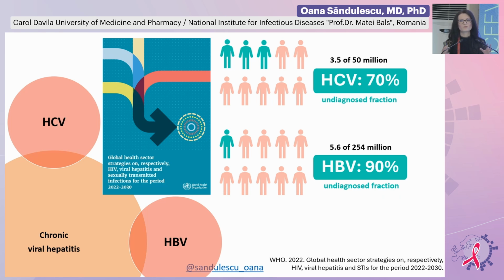Of course there's room for more proactive measures to diagnose these patients, because there are estimates that only 10% to 30% of the patients have been diagnosed. All the rest have not been diagnosed yet, and they are living with hepatitis B virus infection right now.